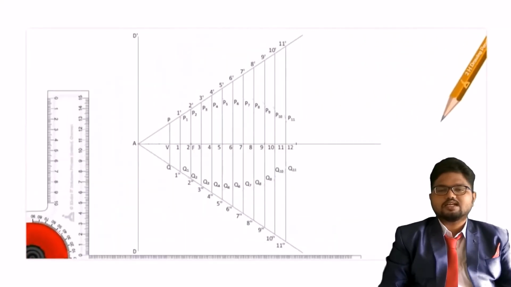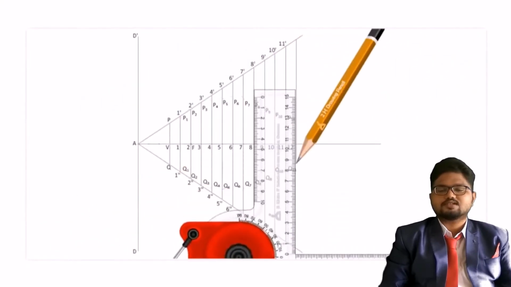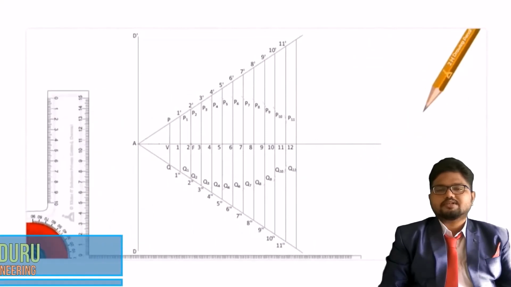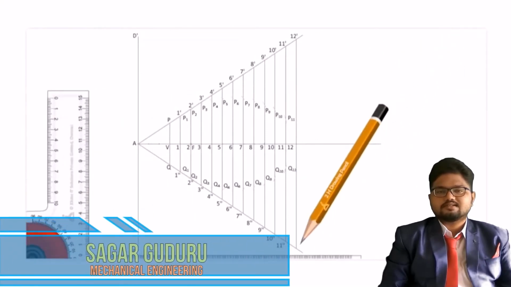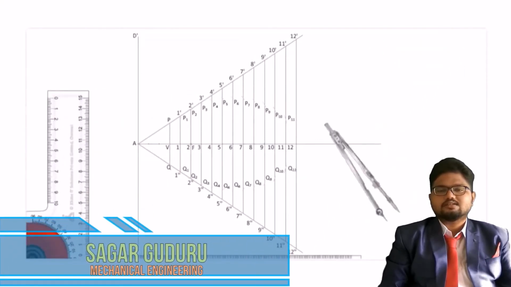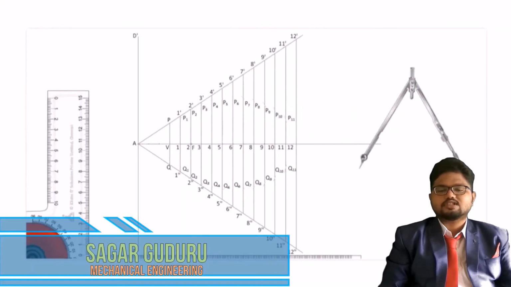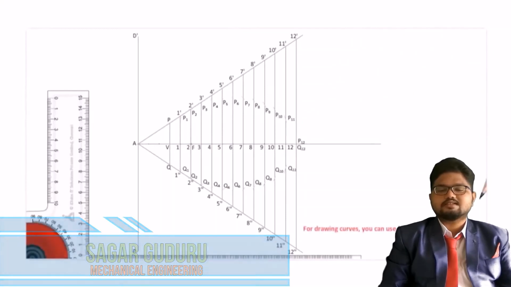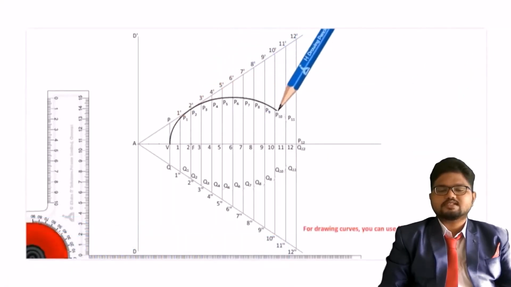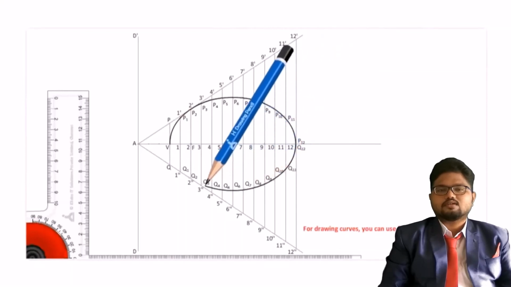Now 12 dash, you get 12 double dash also. Now 12 dash radius, F as center, draw an arc, that will be your closure point from the focus. Now join from the vertex using your H pencil and close it so that you get your required ellipse.